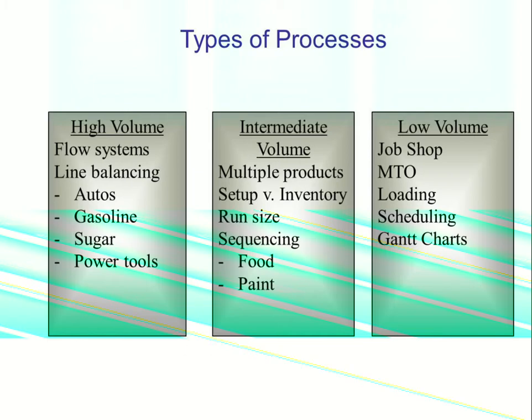But we might even throw in something like automobile manufacturing, where the processes have been so refined and so automated that the cars come through at a very steady clip.